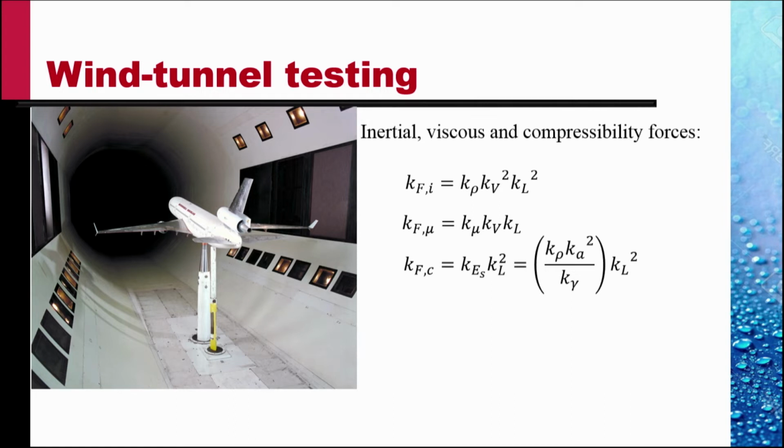The scale factor for the inertial force is like K rho, Kv square, KL square, obtained a number of times throughout this course. The scale factor for the viscous force is K mu, Kv, Kl, also obtained a number of times in this course. And the scale factor for the compressibility forces, Kfc, is like K of Es, the elasticity of the material, times Kl square, the area.